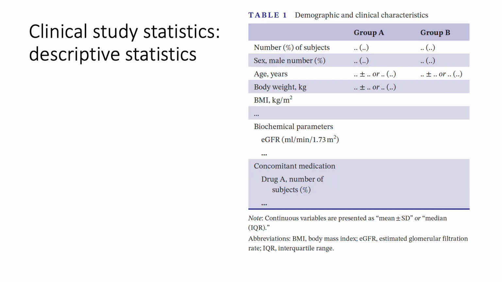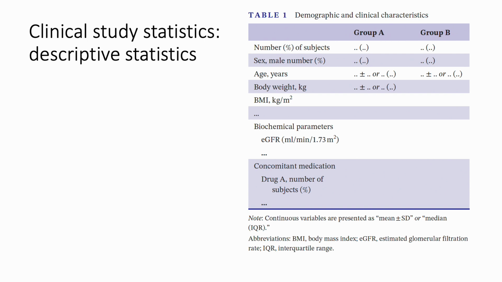So here, you can see in Table 1 the demographic and clinical characteristics. So we talk about number of subjects, the gender, male number, percentage, age in years, body weight in kilograms, body mass index, for example, concomitant medication, and biochemical parameters.